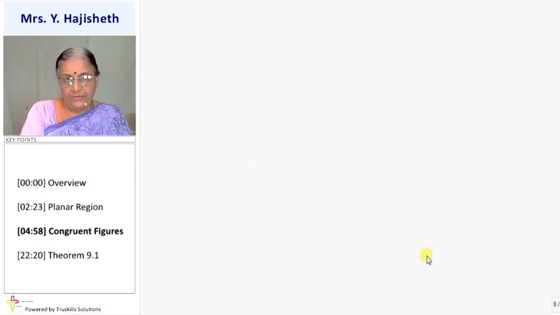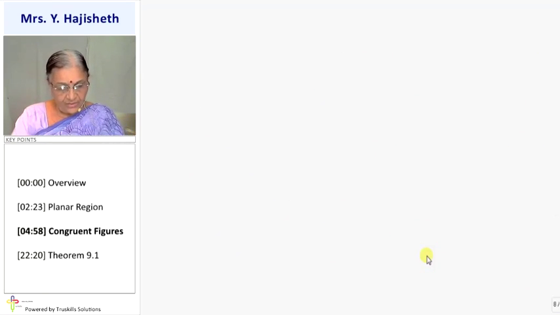Clear? So this way we have learned about the relationship between the areas of geometrical figures lying on the same base and between the same parallels. Now all this relation we are going to learn in the form of theorems. Okay?